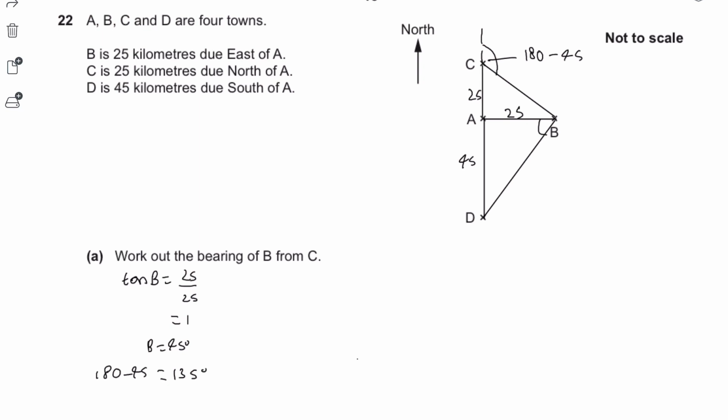So that angle would be: tan B equals 45 over 25, opposite over adjacent.